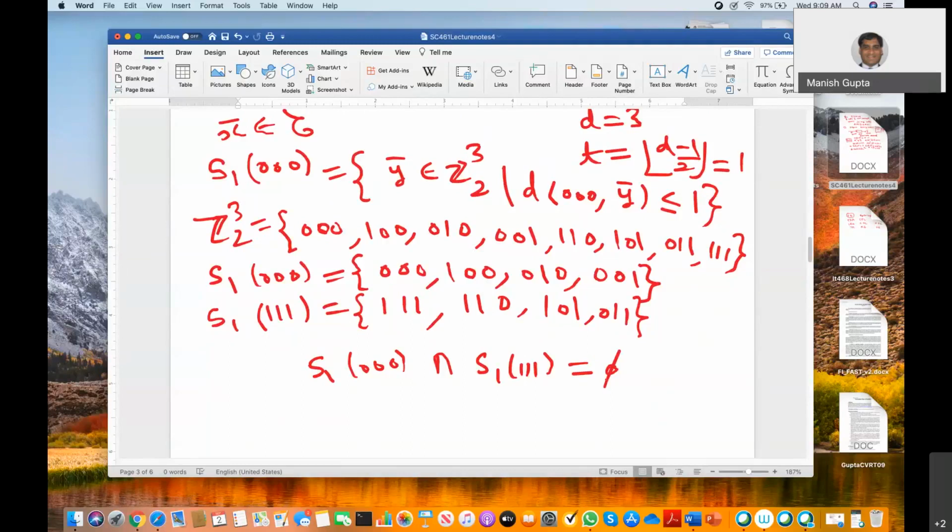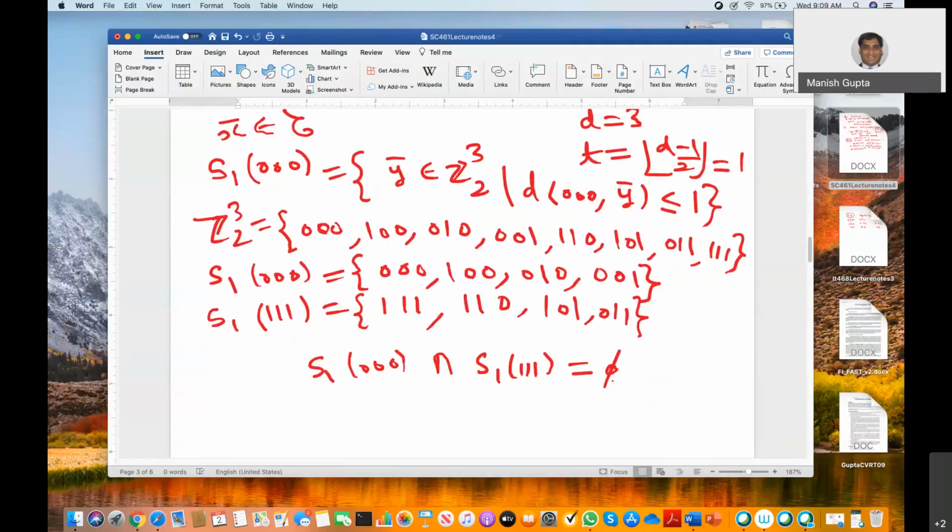Can we prove this in general? The answer is yes. Not only this, in this particular example it turns out that they cover the whole space. They are disjoint, and if you take the union, you get the whole set Z2 raised to the power 3.